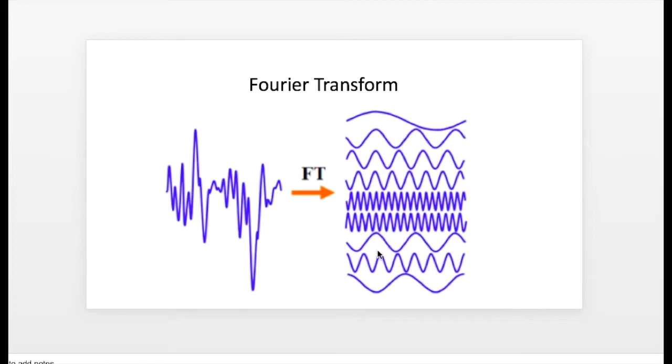If you add up all of these waves together, you would get this shape. Analogously, if you take a page out of a book, the Fourier transform would tell you all the words that are in that page and how often they appear. It doesn't tell you the meaning or content of that page, but it tells you what words are used and how often.